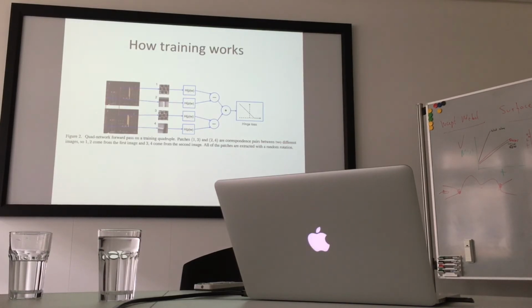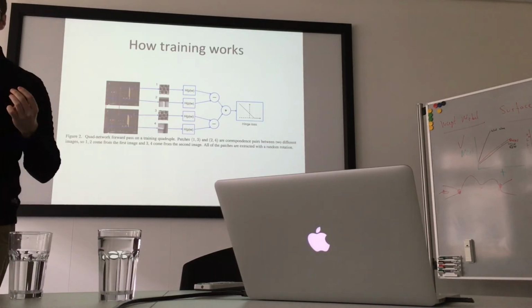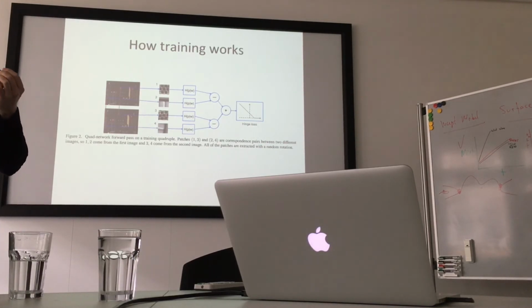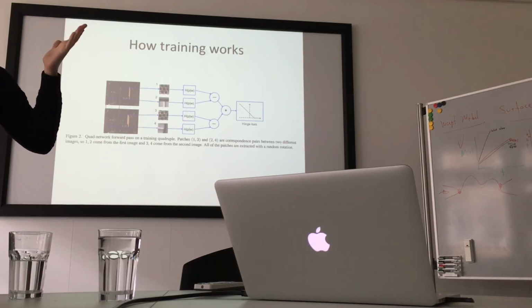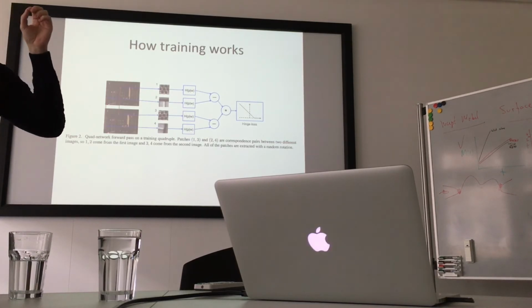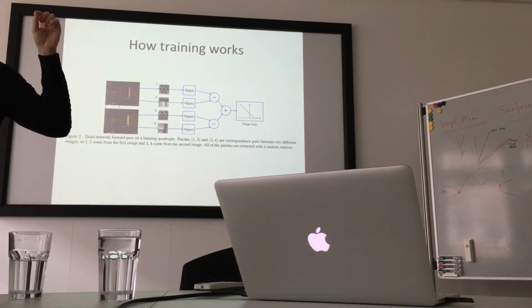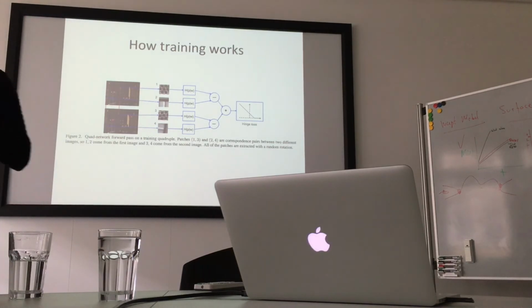There are some methods which work on pairs of images, where you want to say that something should match to something. Like depth matching, which is also done with deep learning, such as stereo matching, where you search for correspondence in another image along the line. Then you want to say that some patches match to each other and some patches don't. Then you work on pairs of patches.